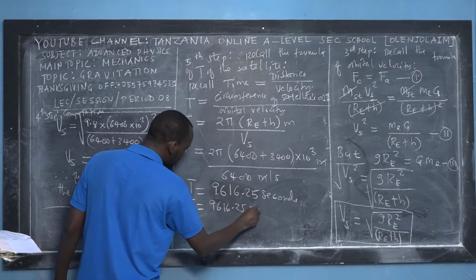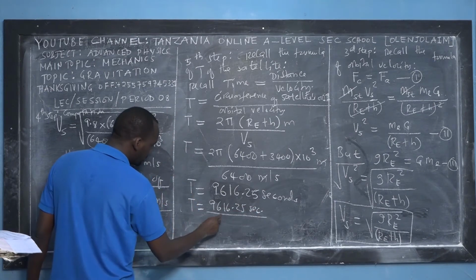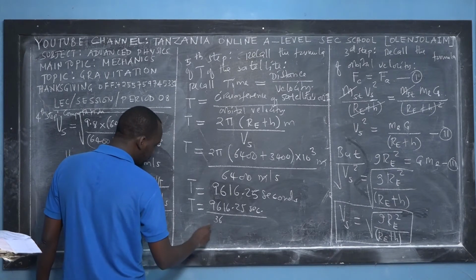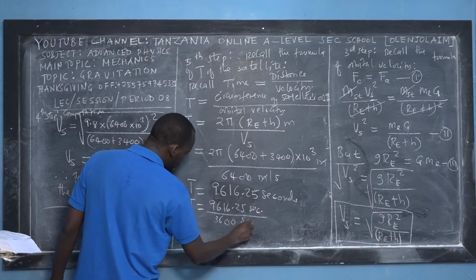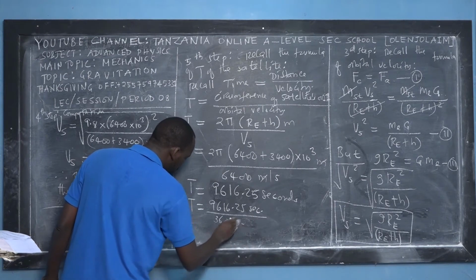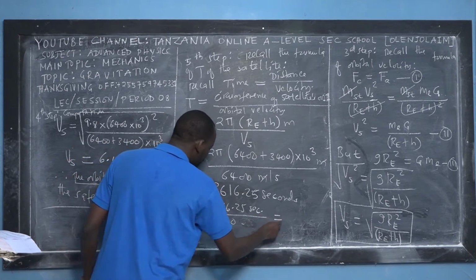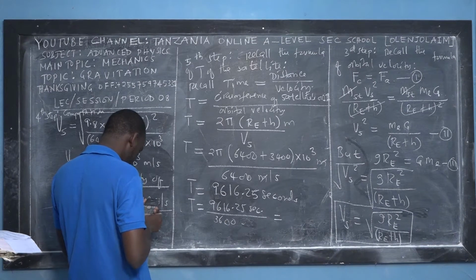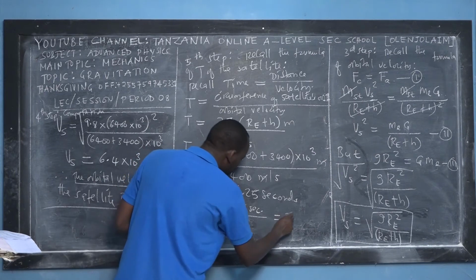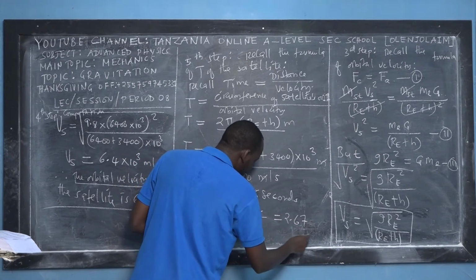So if you want to express the period in hours, it means that you have to take 9616.25 seconds divided by 3,600 seconds, or in terms of hours. So the response divided by 3,600, then we get 2.67 hours in 2 decimal places.